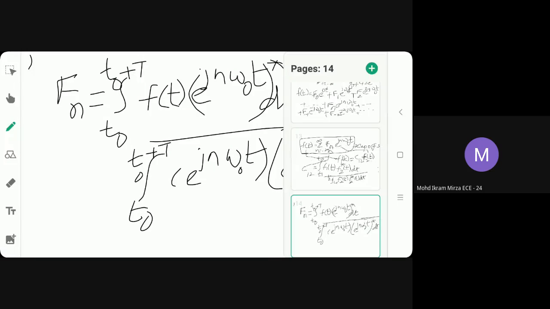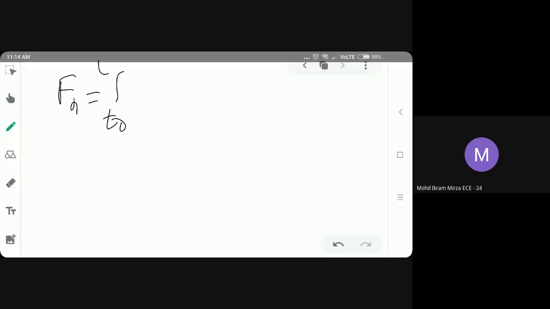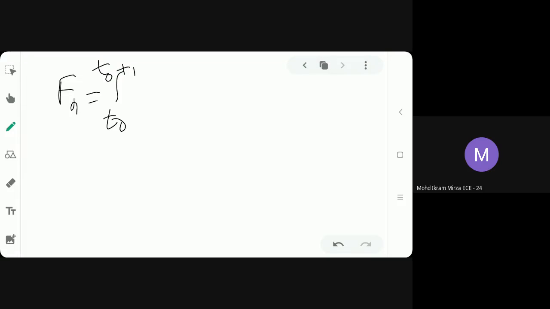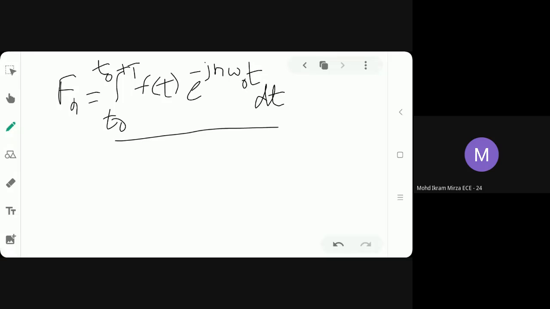So now what is Fn equal to? Integral t naught to t naught plus capital T, f of t into e power minus j n omega naught t dt. What about the denominator?